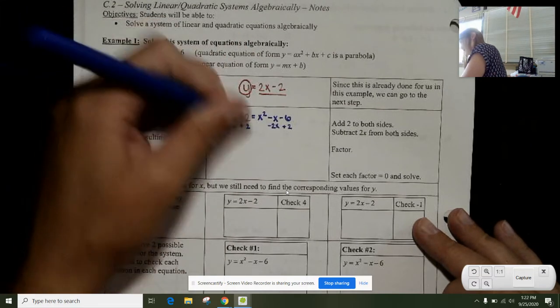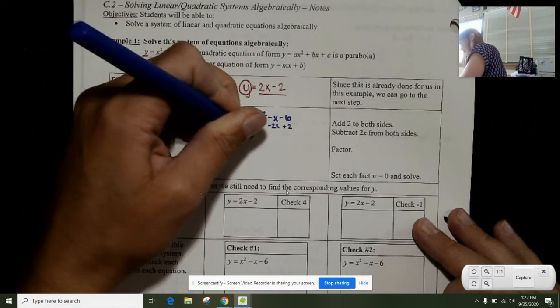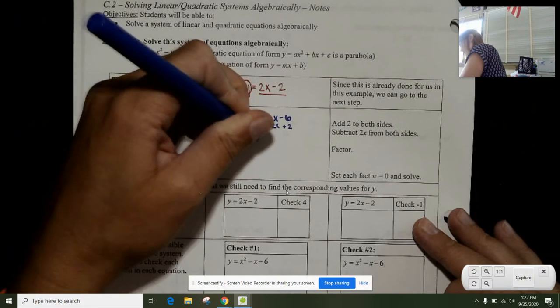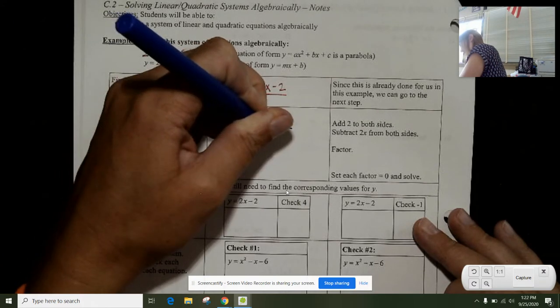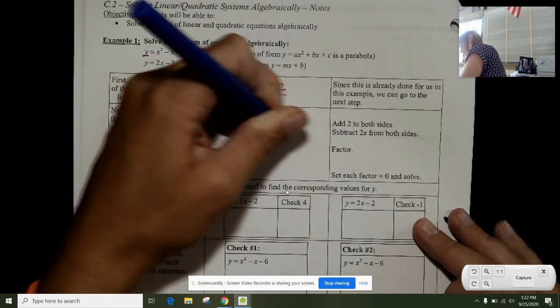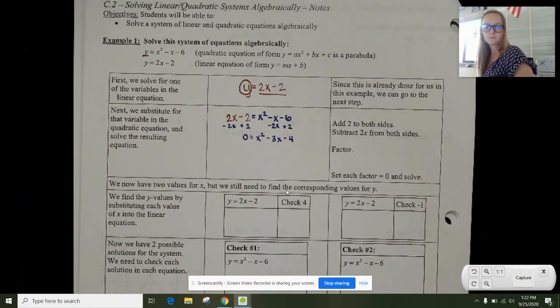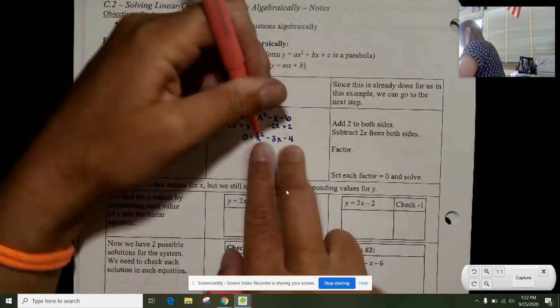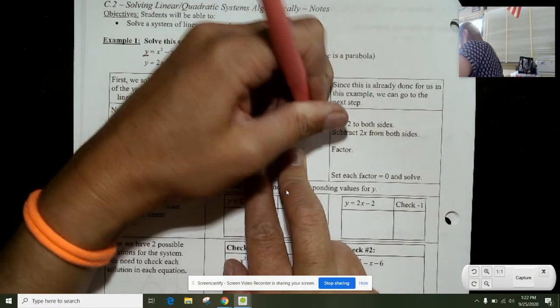So from here, this whole side goes away. So I have 0 equals x squared stays the same. And then I have minus 3x minus 4. Whenever you have a quadratic in standard form, now I'm looking to factor. So I'm going to factor by multiplying up, and I get negative 4.